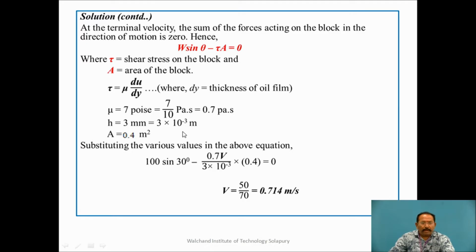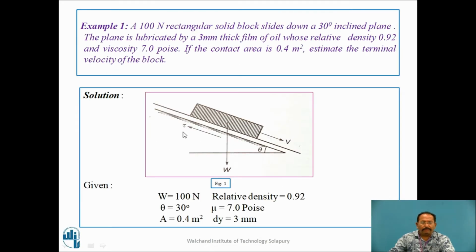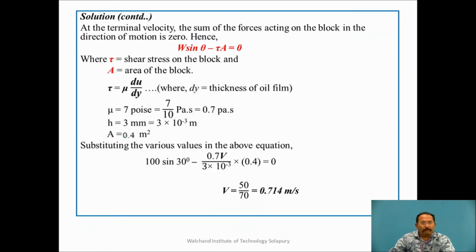Now when we come again to this figure, we have to resolve this particular weight in the horizontal as well as vertical direction, as I told you. So W sine theta we have to take into account, minus tau, that is shear stress, into area is equal to 0.